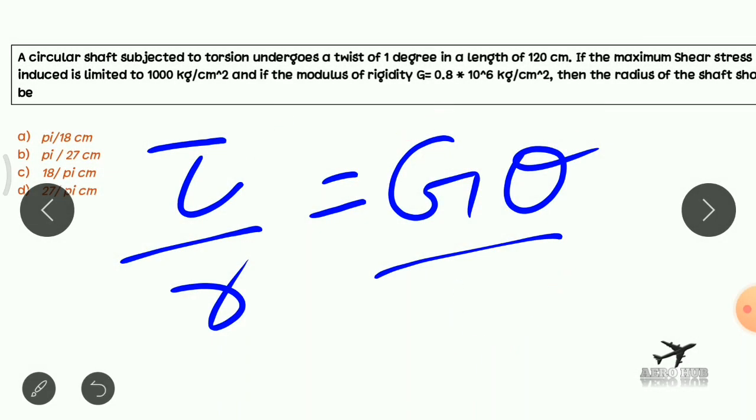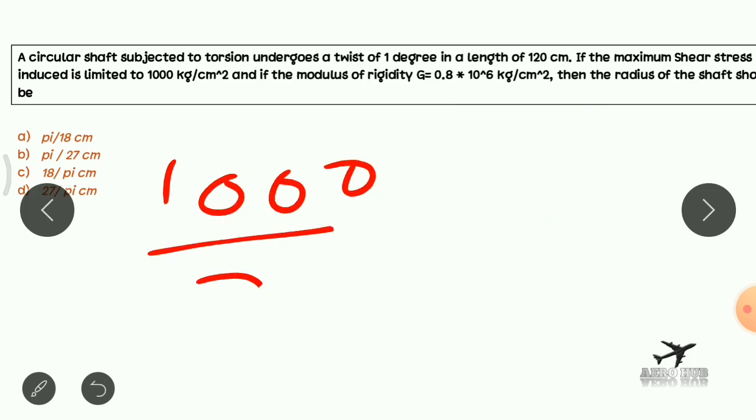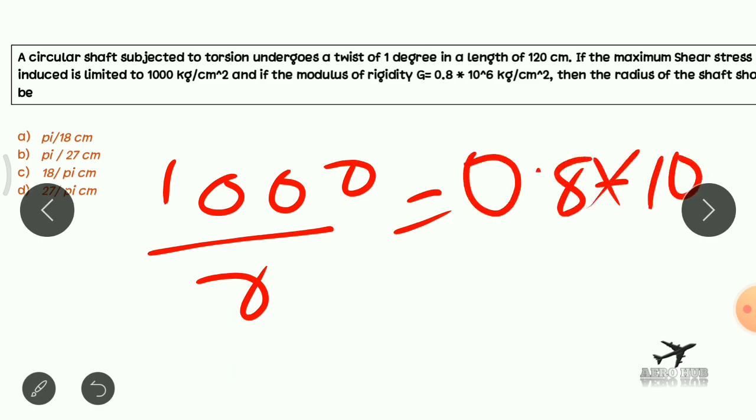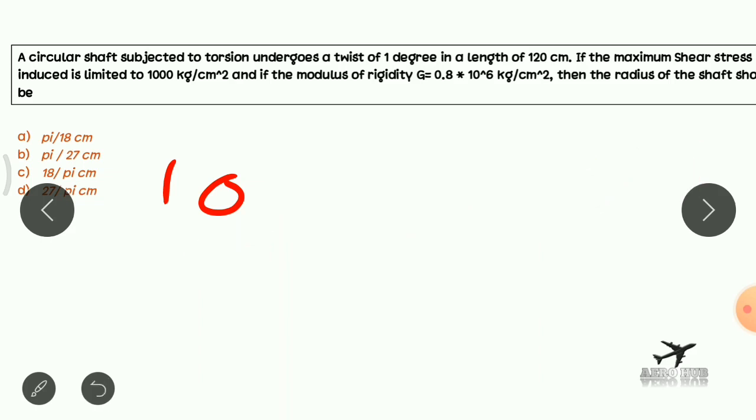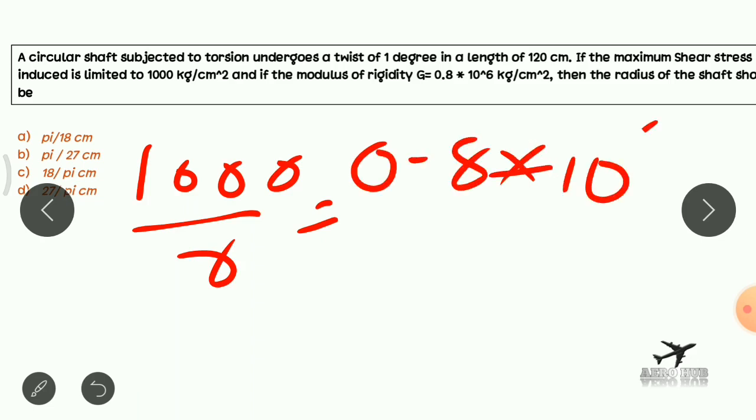I'll substitute the values here. The value of tau is how much? That is 1000. So 1000 divided by R is equal to G, which is 0.8 into 10 power 6, into theta.